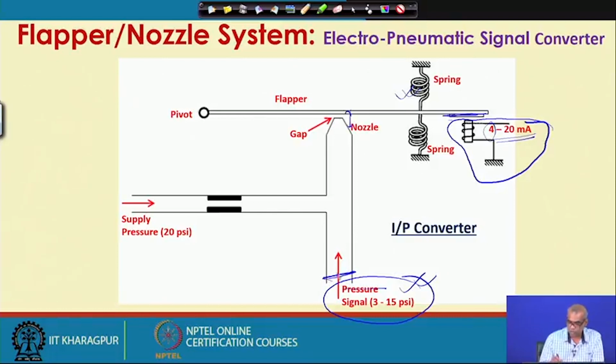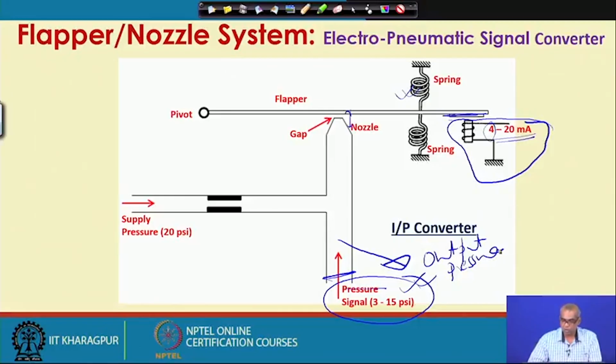So, this has to be measured as output pressure. So, depending on 4 milliampere current or 20 milliampere current, the gap between the flapper and nozzle will be decided, and that will decide the output pressure.